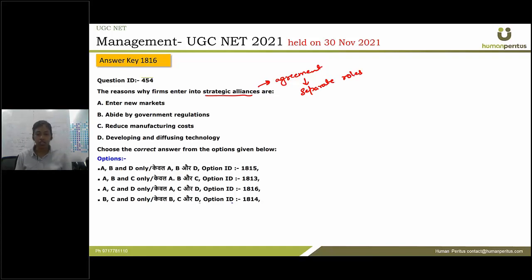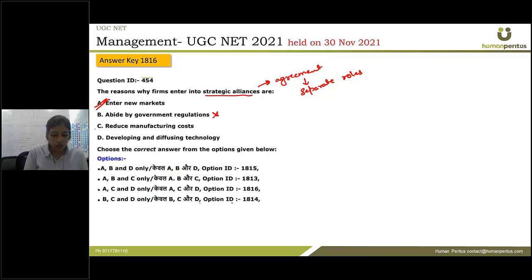No one will interfere in each other's decisions, but they will have an agreement to participate or to mutually benefit each other. And these strategic alliances are formed to enter new markets, correct? Because they want to enter new markets, either internationally or even domestically. Abide by government regulations? No, you do not enter into a strategic alliance to abide by government regulations.